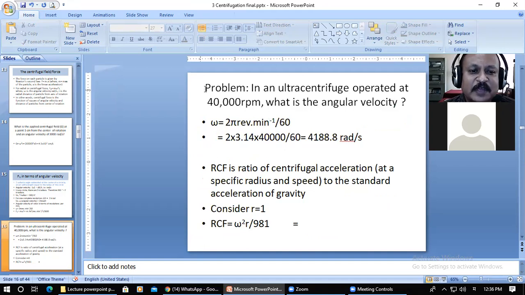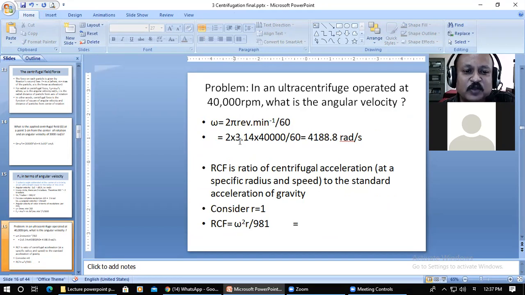Again, there is a small problem for you, just to understand the concept. An ultracentrifuge is operated at 40,000 RPM. What angular velocity does this 40,000 RPM correspond to? Omega is equal to 2 pi revolution per minute per 60 seconds.